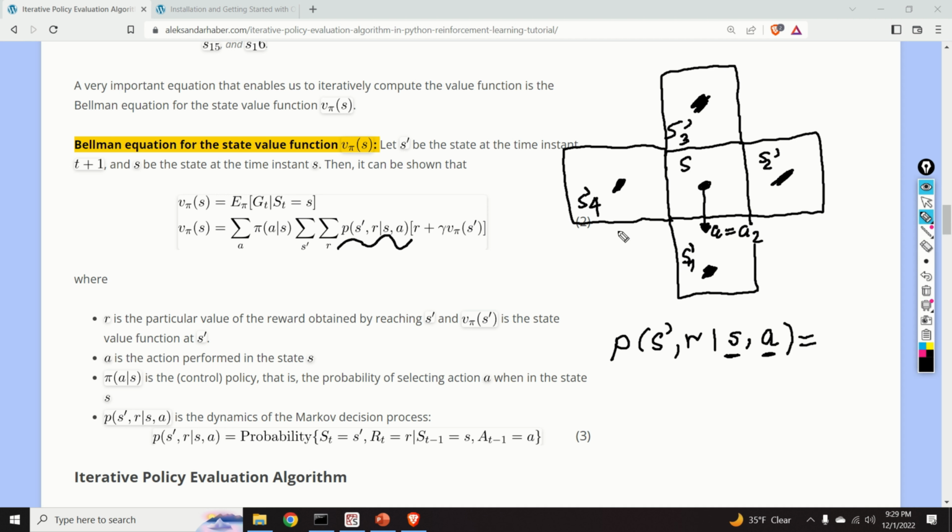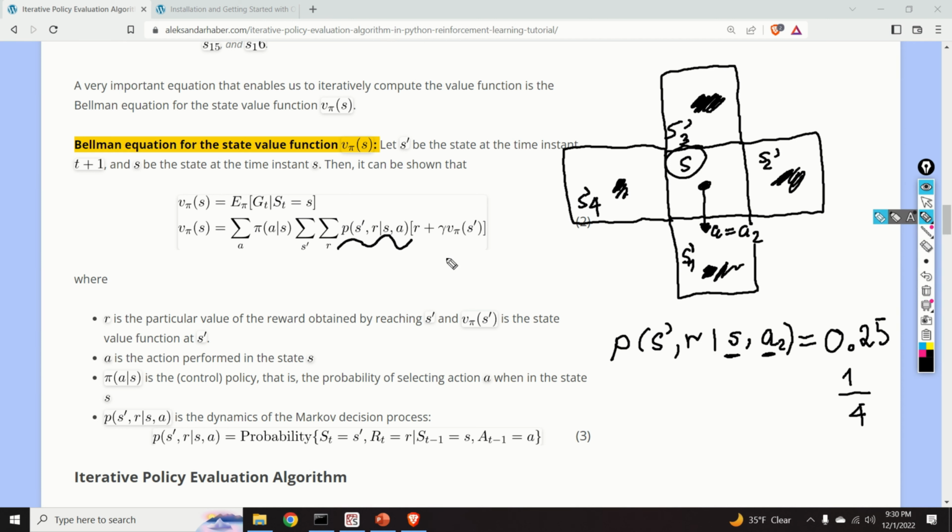So the probability of reaching any of these states, S1 prime, S2 prime, S3 prime, and S4 prime, given that we are in the state S and that we have selected a particular action, let's say the action A2, can be, for example, 0.25 or 1 over 4. So there might be an equal chance of going to any of these fields if we were in this field and if we selected the action go down.